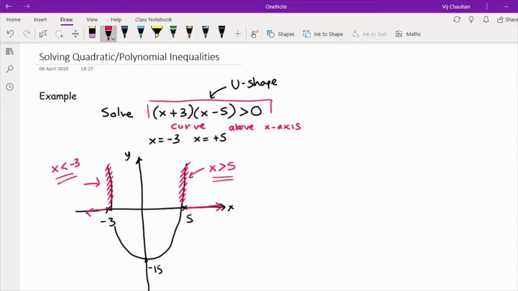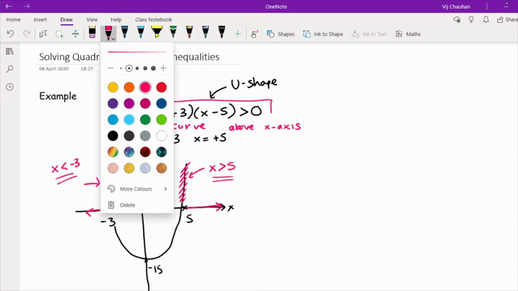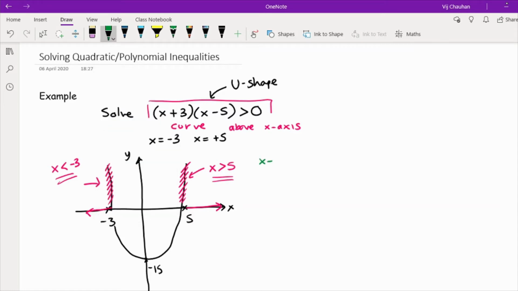Now likewise, if I change the colour to hopefully make this make a little more sense, if I had x plus 3, x minus 5 less than 0, then this translated is where the curve is below the x-axis. Where the curve is below the x-axis is this part here, which I've shaded in green.